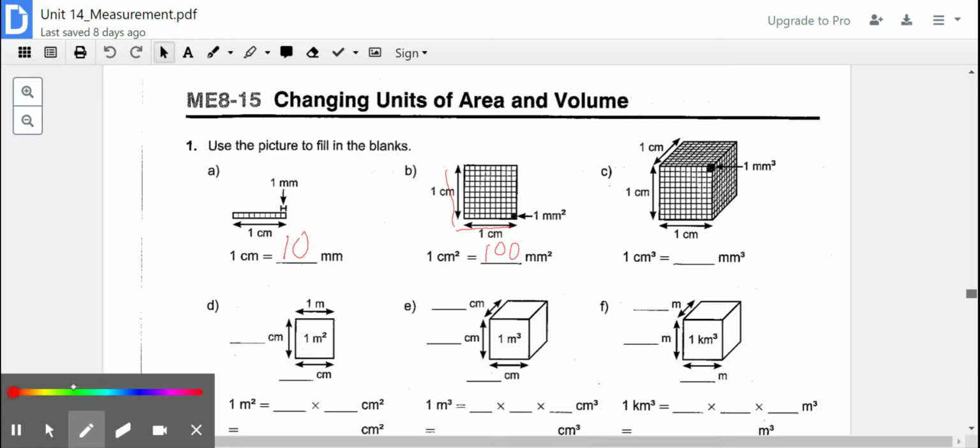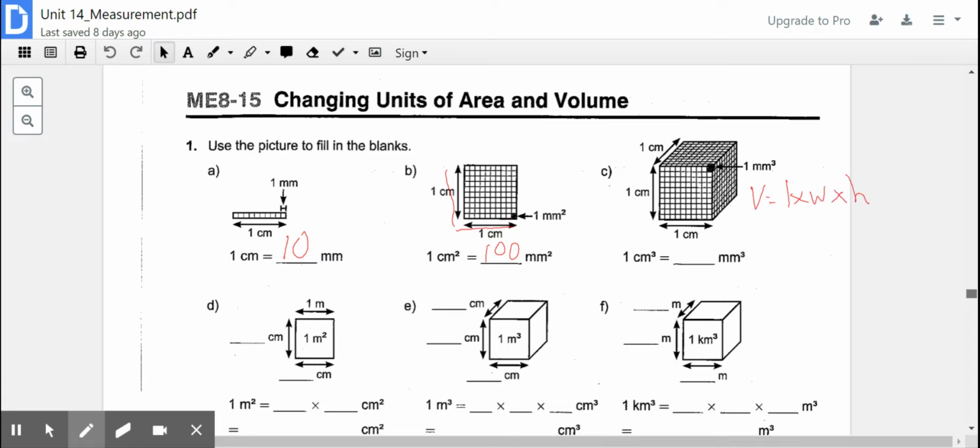Now let's take a look at a shape that's got volume. We've got C, which is a cube or rectangular prism. And it is 1 centimeter by 1 centimeter by 1 centimeter. So 1 centimeter cubed equals how many millimeters? Well, we remember our formula for volume equals length times width times height.